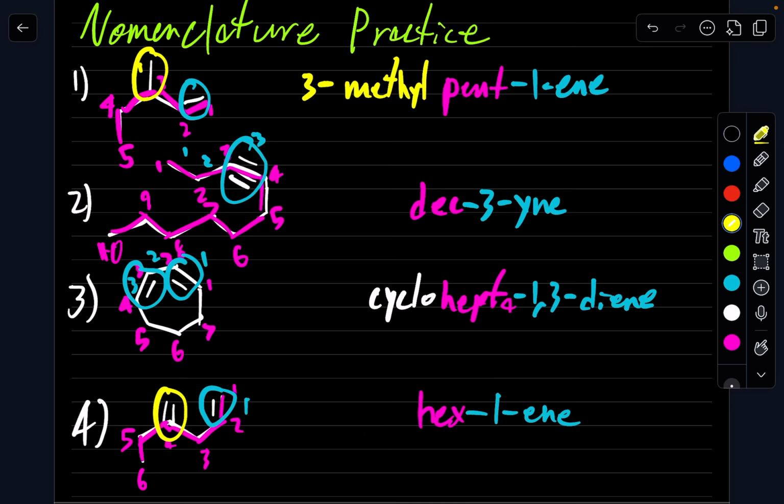So this is called methenyl. Like instead of methyl, it's methenyl because of the alkene group. And since it's on carbon number 4, it's going to be 4-methenylhex-1-ene.